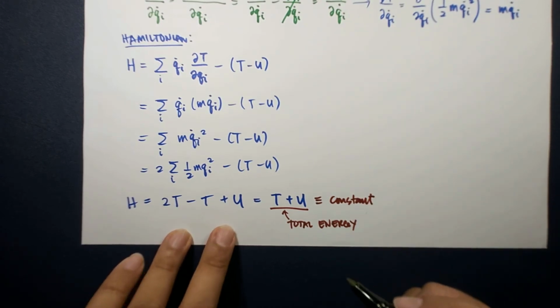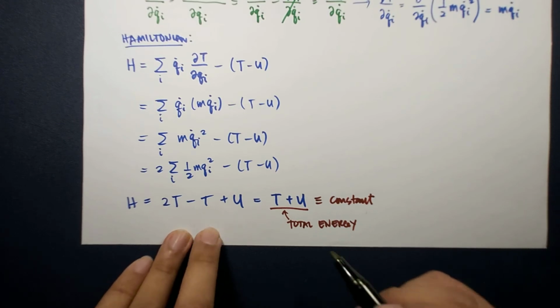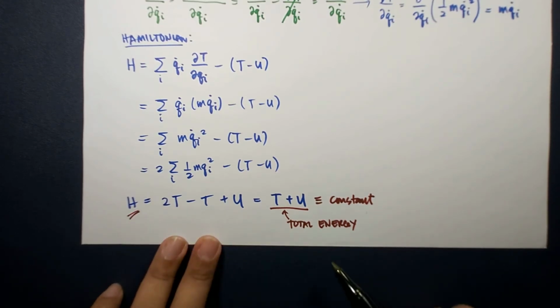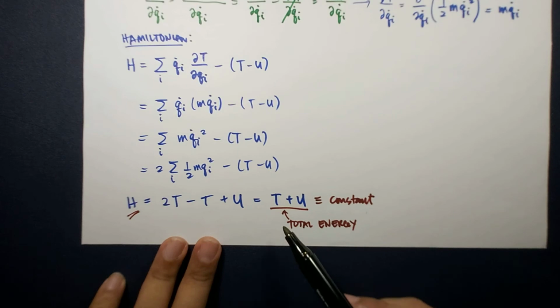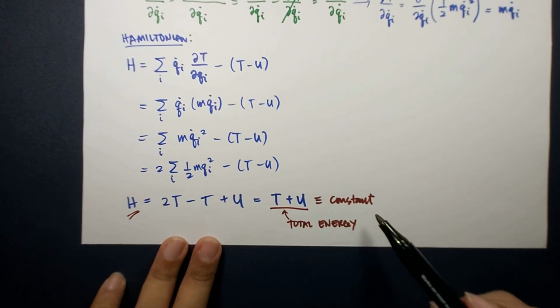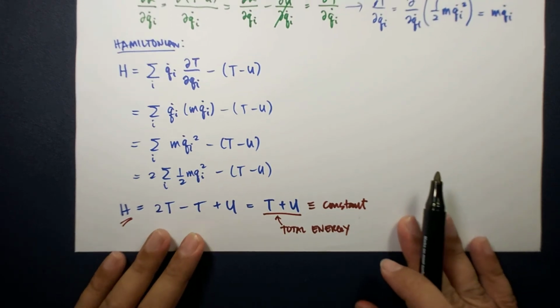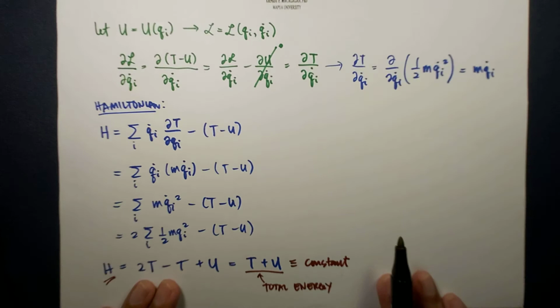Okay? So in this case, the Hamiltonian of the system is equal to the total energy of the system, and that is a constant. So that's your conservation of energy. And this happened because of two conditions.